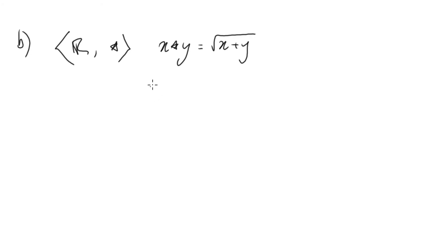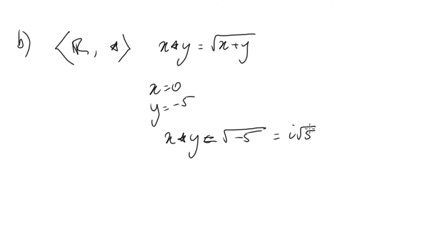Let's take, for example, x equaling 0 and y equaling negative 5. Then x combined with y is equal to the square root of minus 5, and that is i root 5. Since i root 5 does not belong to the real numbers, this group does not obey the property of closure. So the real numbers are not closed under this binary operation.